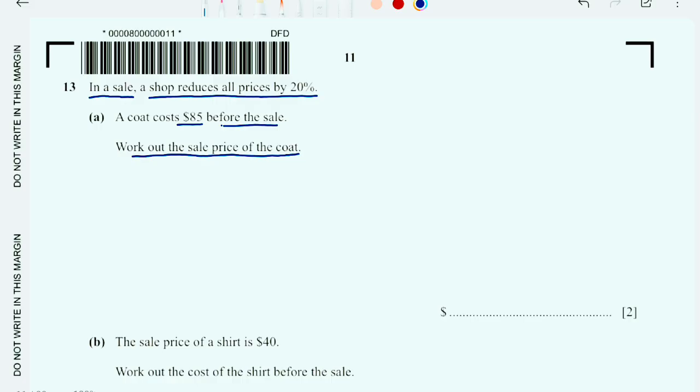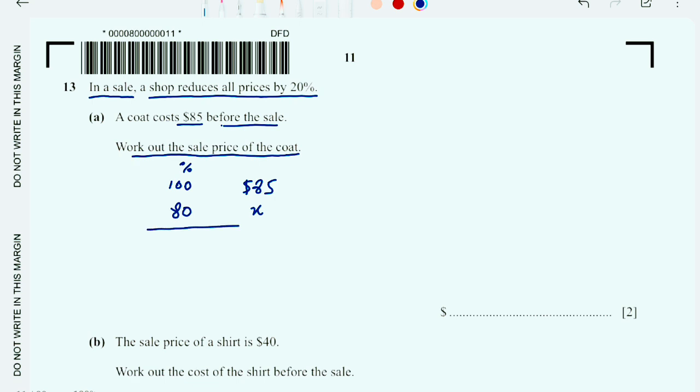We know that 100% represents $85. What would be the cost in sale?